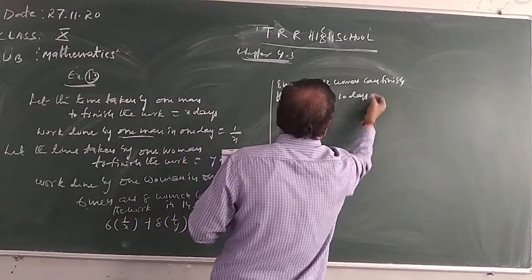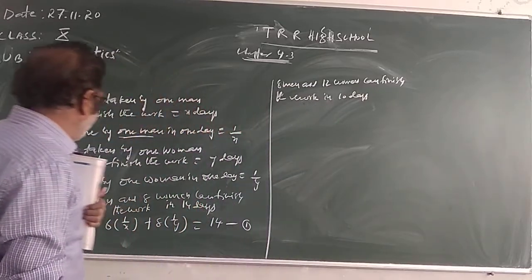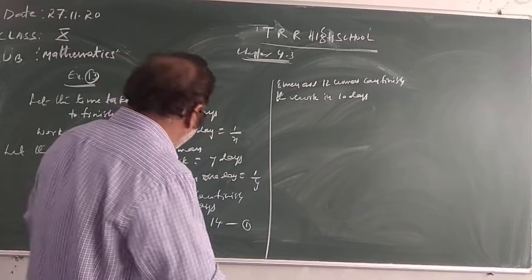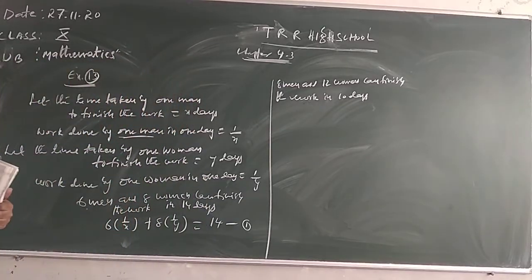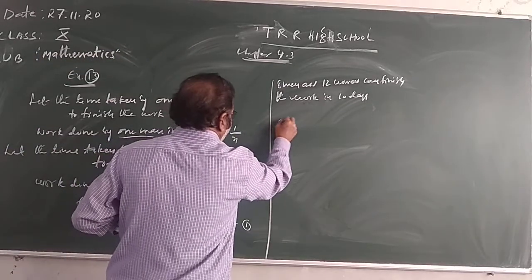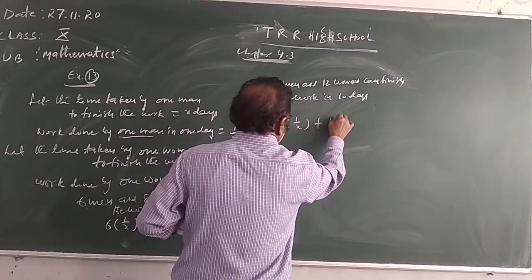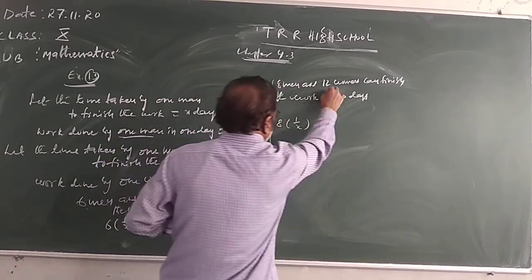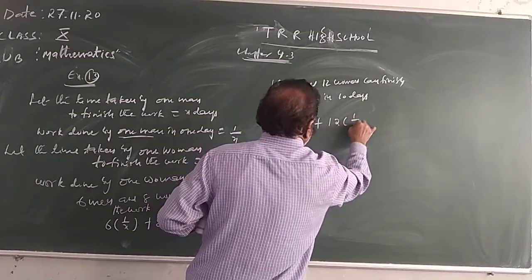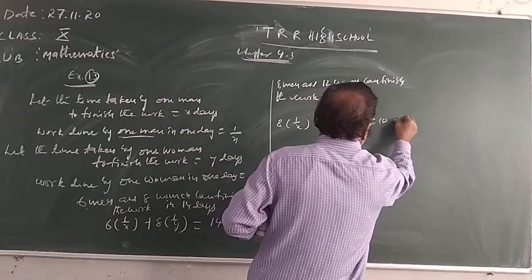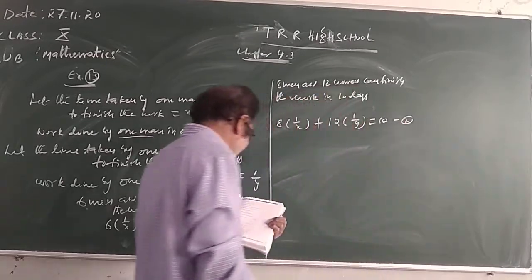The work done by 1 man in 1 day equals 1 by x. 8 men is 8 into 1 by x, plus 1 woman can do in 1 day 1 by y. 12 women, 12 into 1 by y. That is equal to 1 by 10. This is the second equation.